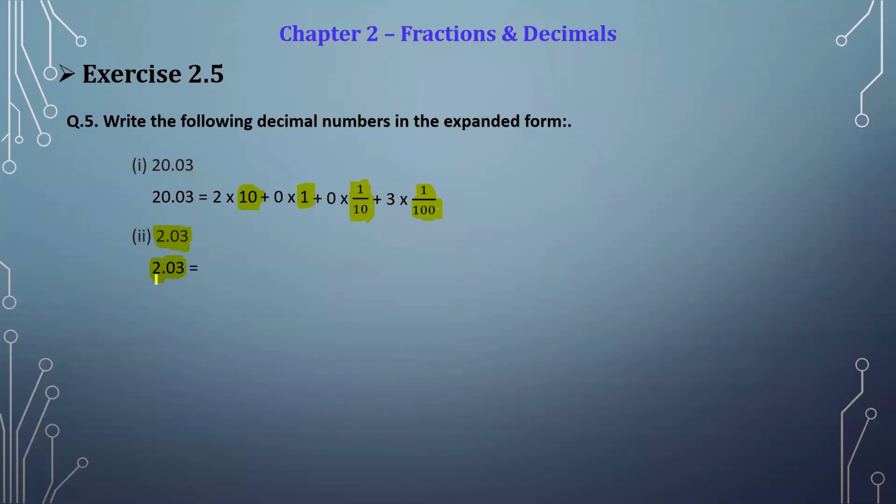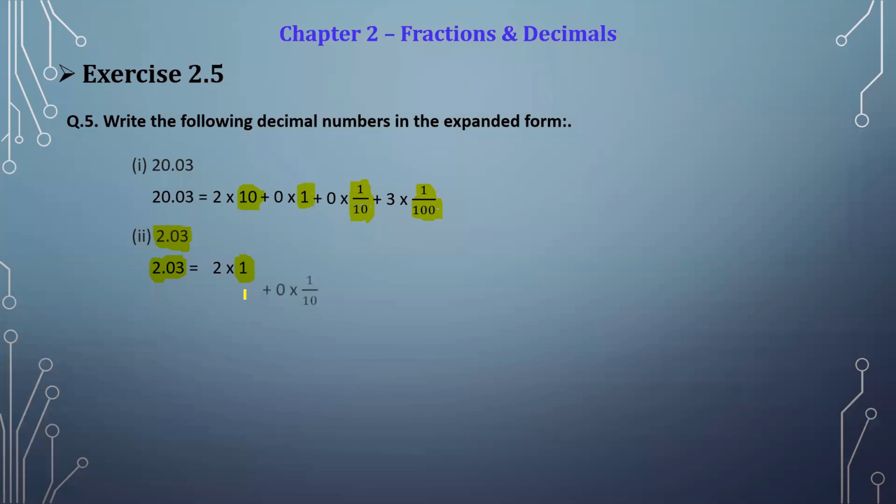Now, obviously a single digit is there, and we know that if a single digit is there, then its position is always the units place, or it is referred to as the ones place. So therefore, while expanding it, we have to multiply that 2 by 1 because it is present at units place or ones place. Now we have to add the remaining numbers.